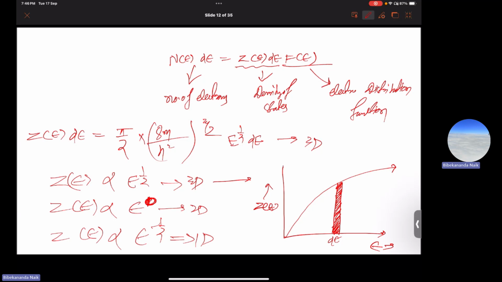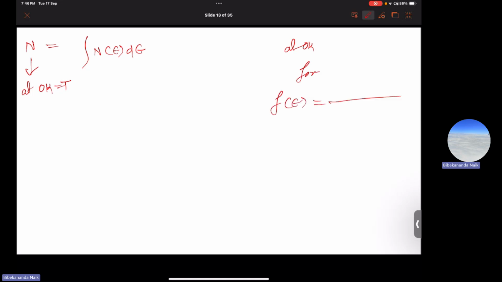Now if we calculate the total number of electrons, what will it be? The total number of electrons N will be the integration of NE DE. Now consider Fe as 1 by 1 plus exponential E minus EF by KBT, and in this relation there was NE DE equal to JD into Fe.